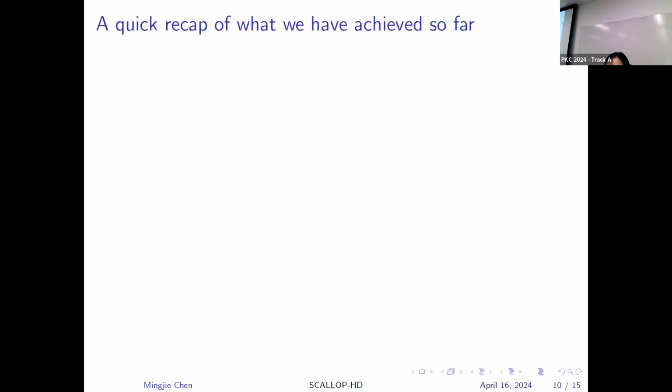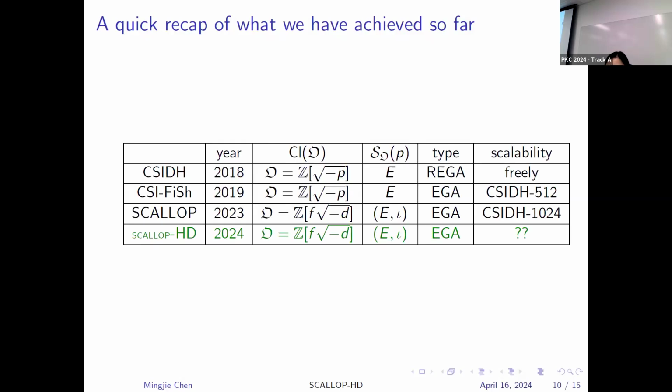Here's a quick recap of what we have achieved so far in isogeny-based cryptography, trying to build efficient and scalable EGAs. We start with CSIDH, which is just an REGA. And then we have CFish, which is an EGA, and it only scales to CSIDH-512. Then we have SCALLOP. It uses a different order and different set of elements, and it's also an EGA. It scales to CSIDH-1024.